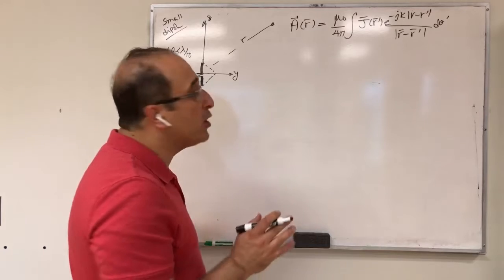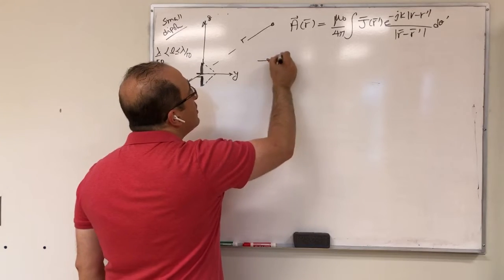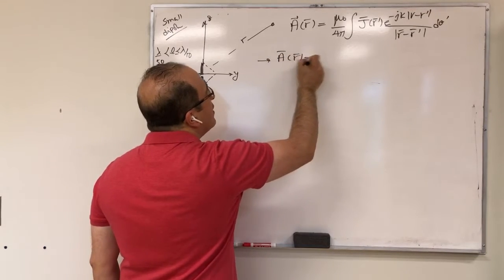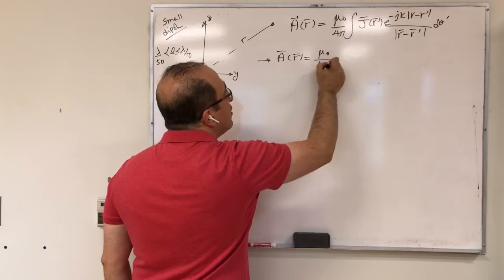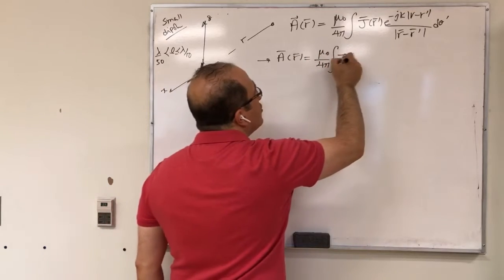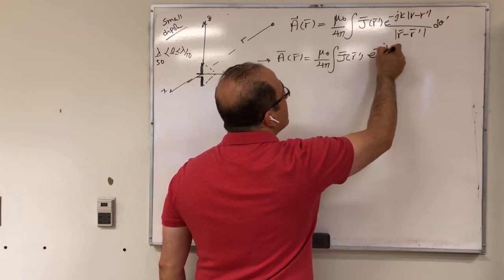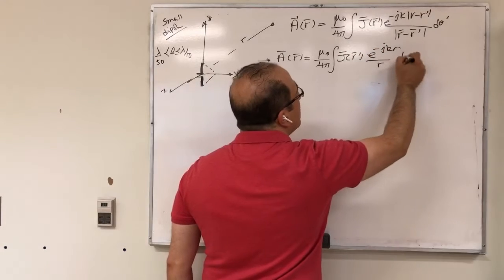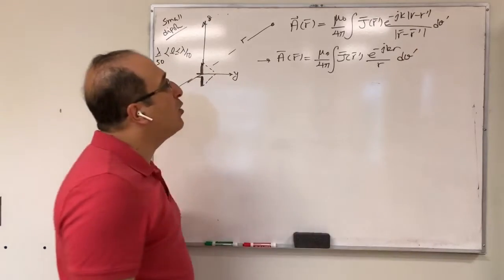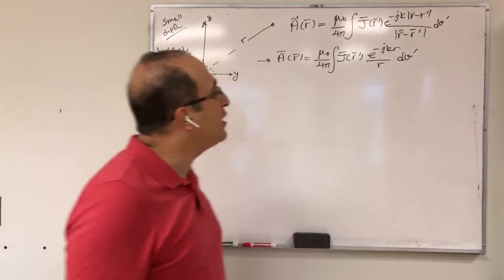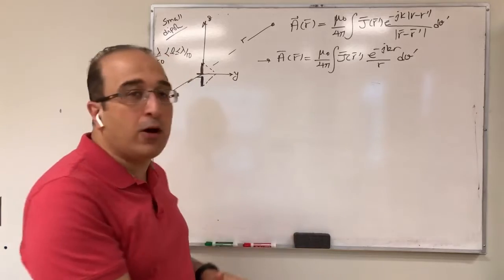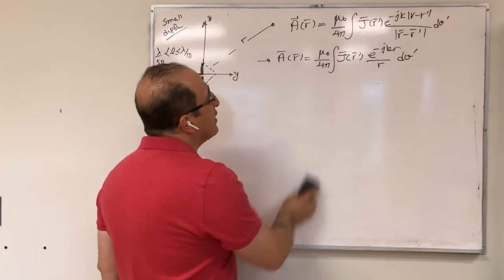So that's what I'm going to do. Therefore, I'm going to simplify that to A(r) equals mu naught over 4 pi e^(-jkr)/r times the integral of J(r prime) dv prime. Now I don't have r prime in the exponential, so I can simply take it out of the integration.